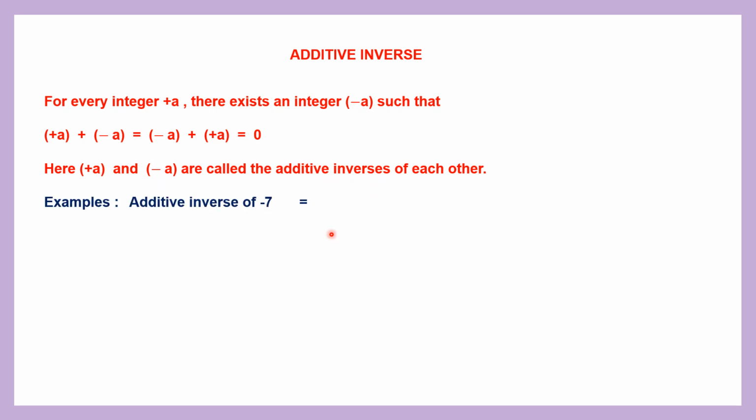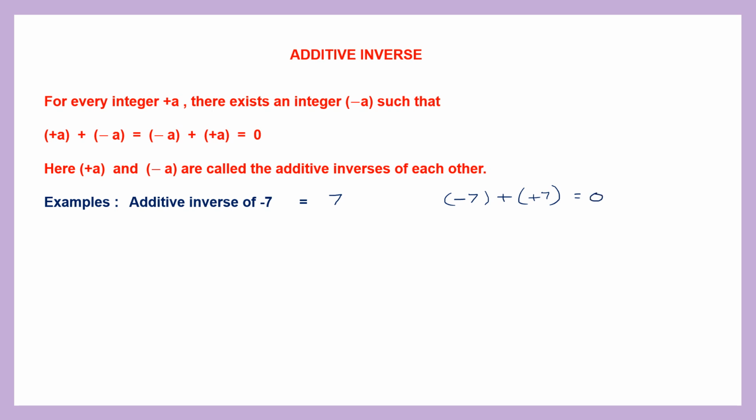Now let's take an example. What is the additive inverse of negative 7? The additive inverse of negative 7 is positive 7. Now how do we know that is the additive inverse? If you take both the integers negative 7 and positive 7 and you add them up, what is your answer? Since both are the same numbers but with different signs, your answer is going to be 0.